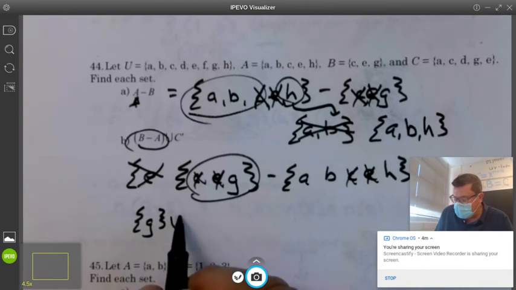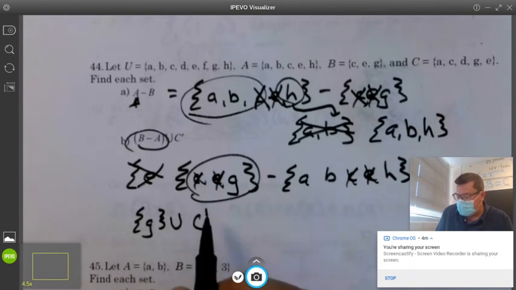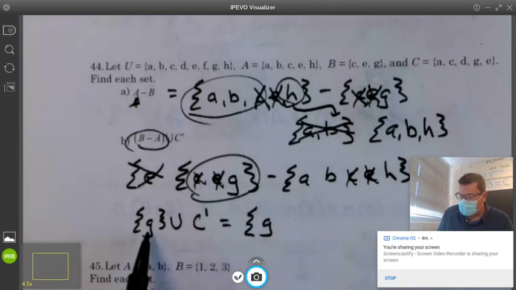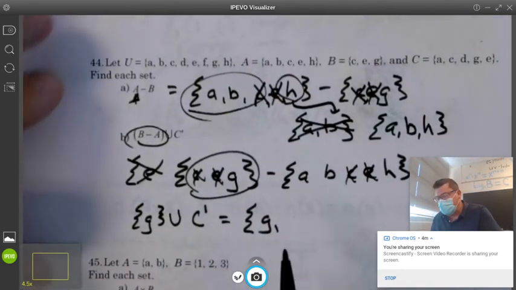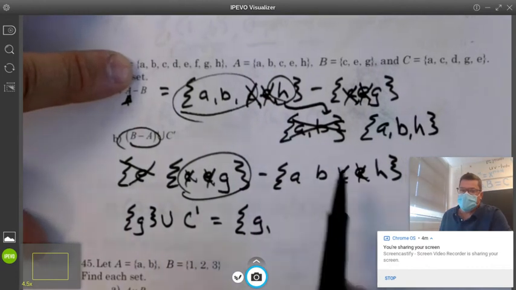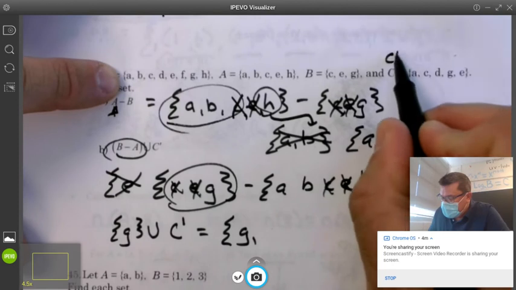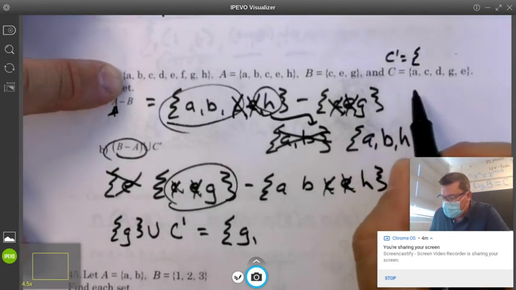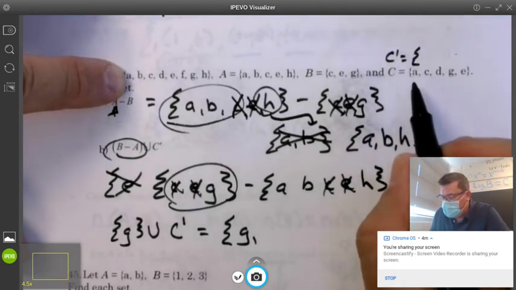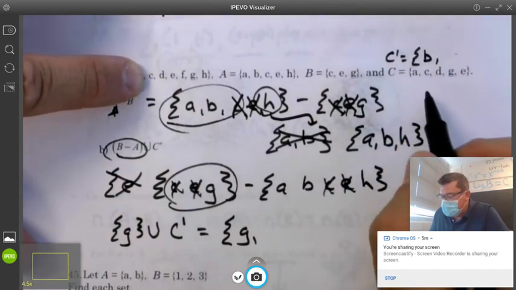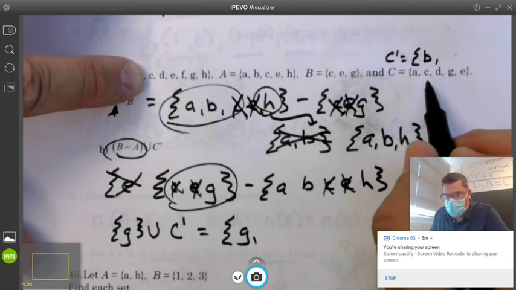We want to union that with not C. Union means write everything in this, write everything in this, and keep it all. So now we have to write everything that is in the universal set that is not in C. Not in C is A. It's in there already. B. It must be in not C. C. It's in there already.